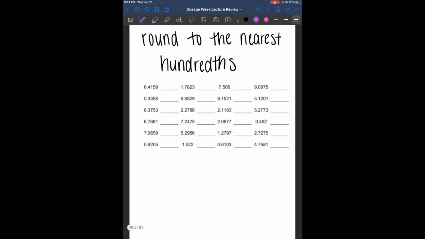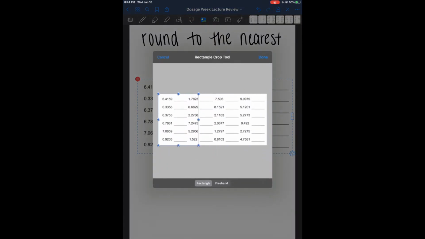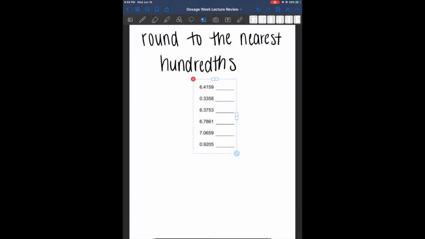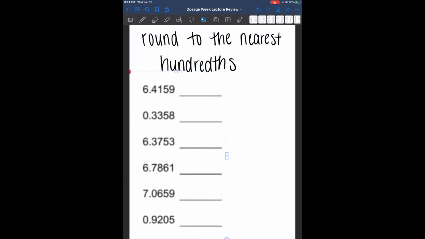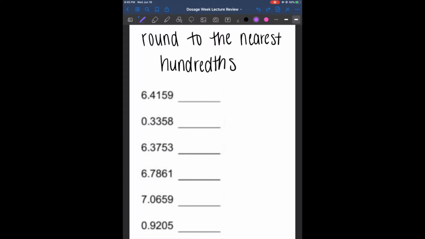Now practice for the hundredths spot here. Let's cut some of these out so we have room to work and see it a little bit better. There we go. All right, so looking at rounding to the nearest hundredths.